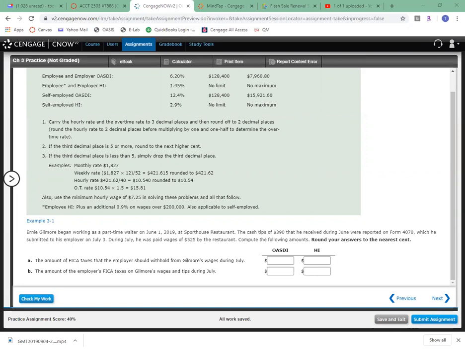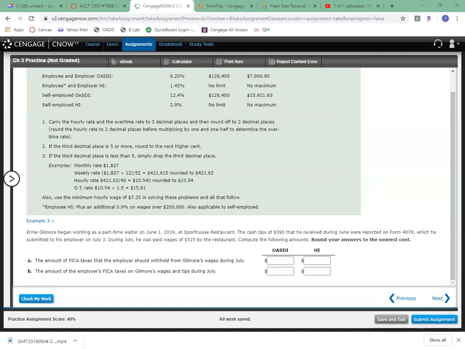That is the responsibility of the employee, to report those tips to their employer. And then both the employee and the employer need to pay taxes on those tips.